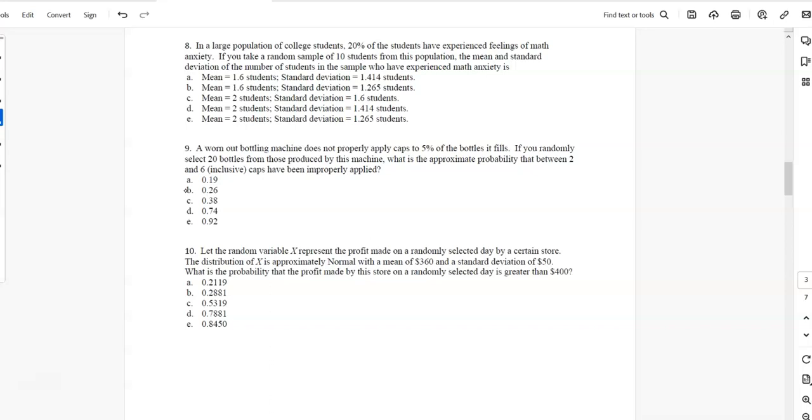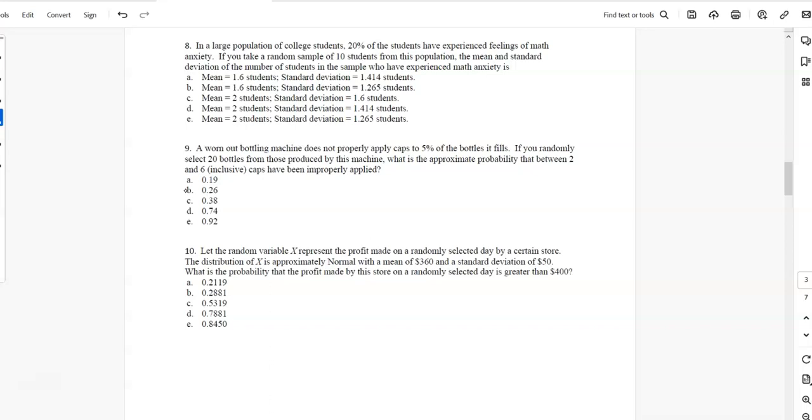They seem independent of each other. As long as we're sampling less than 10% of the population, I think this seems just fine. That's the condition, so I'm assuming that's probably true here because there's probably more than 100 students at the school.